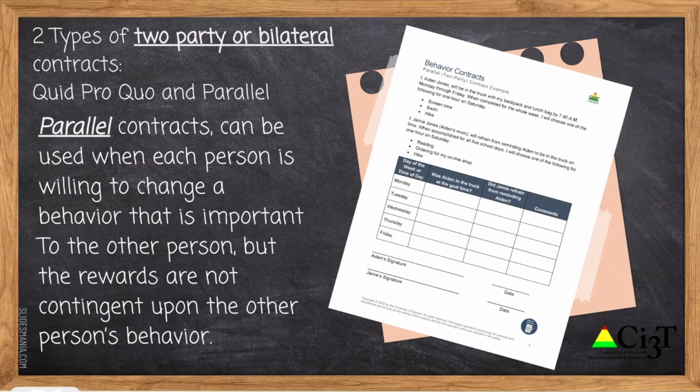And if I hold to my part and I don't nag at him to clean his room and he does it, then on the weekend I'll pick an activity that I want to do. But our behaviors aren't reinforcing to each other. They're parallel. They run side by side, but his reinforcement and my reinforcement aren't contingent upon the other person's behavior. So those are parallel contracts.